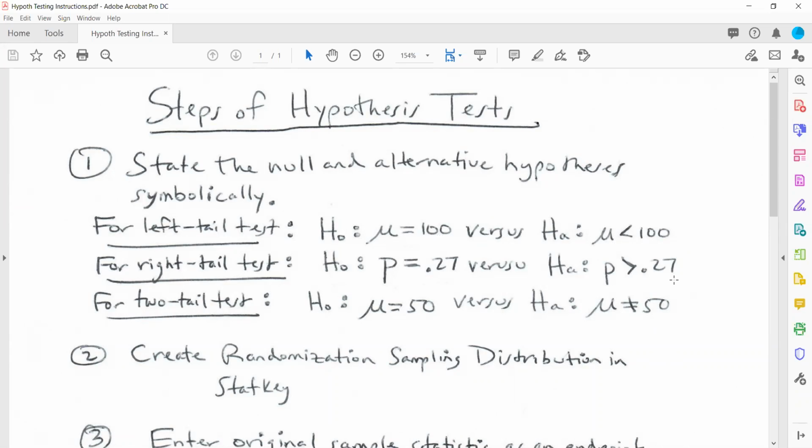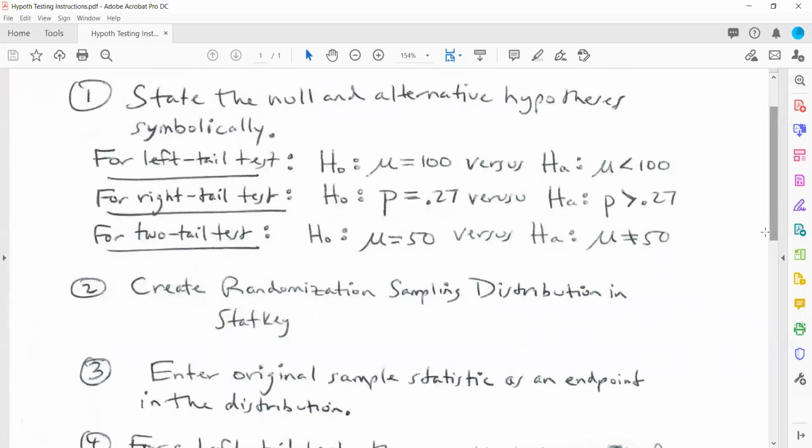Or they'll say, I think it's different from 50, and then you would use mu is not equal to 50. So the words of the problem should give you the clue about which of these three cases to use for the alternative hypothesis. The alternative hypothesis defines the type of test, whether it's a left-tail test, right-tail test, or two-tail test. As you'll see, I'll give you examples today in StatKey for all three of these.